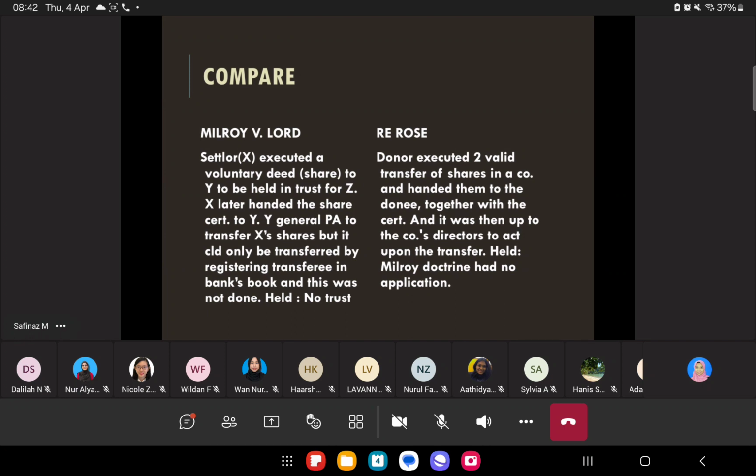Tapi dalam Milroy and Lord, the shares was not transferred lagi, tetapi the step that needed to be done was supposed to be done by the settler, bukan by some other people.